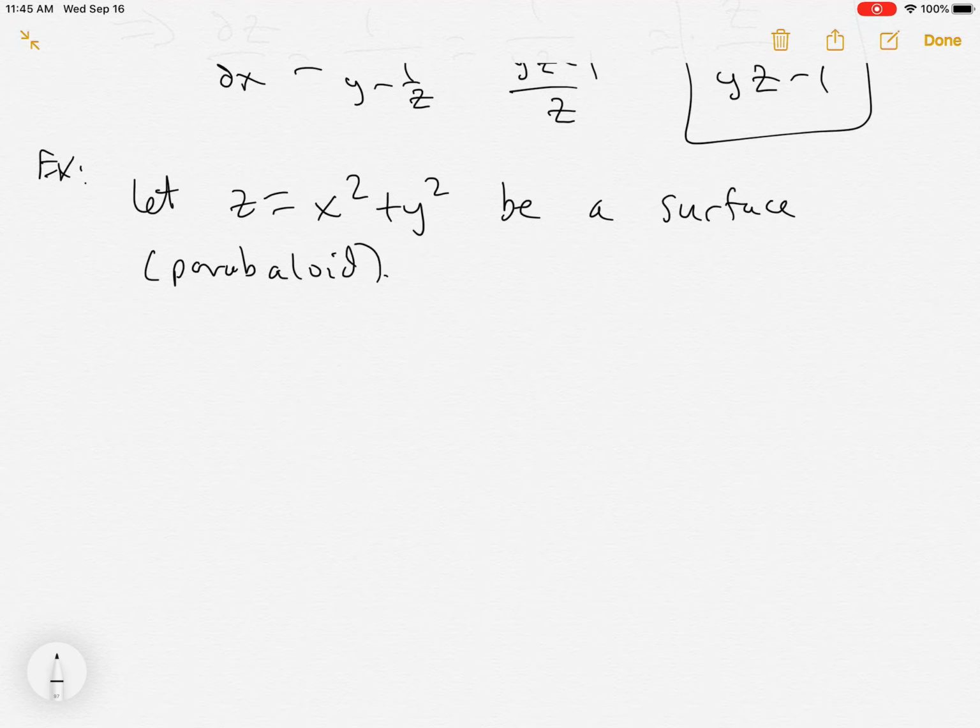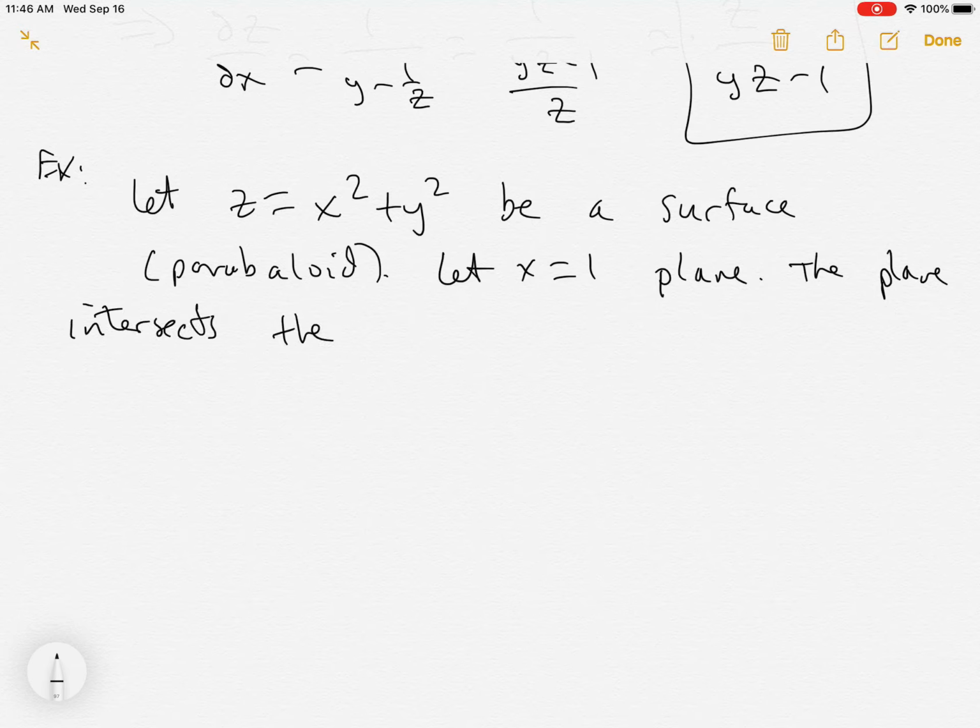We'll talk about these particular names later on, but for right now it's called a paraboloid. Okay, and then we're going to let x equal 1 be a plane. Okay. Now the plane intersects the paraboloid, it cuts it.